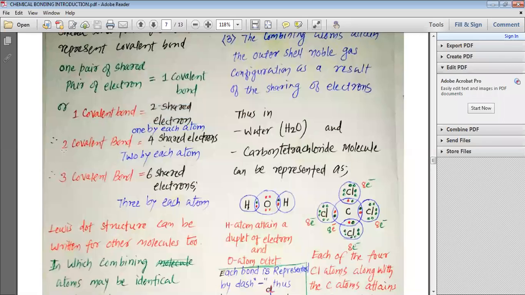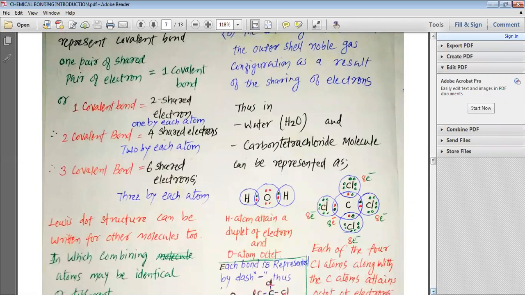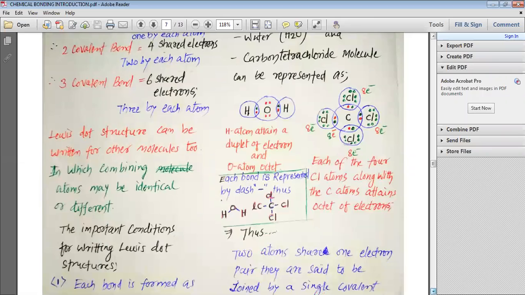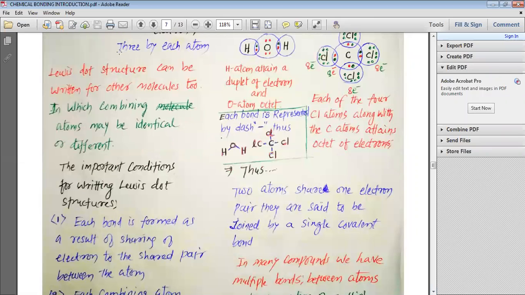So it simply means that for two covalent bonds we need four shared electrons, so two electrons are shared by each atom. If we want to make three covalent bonds, then we need 6 shared electrons and 3 electrons shared by each atom. Lewis dot structure can be written for other molecules too.